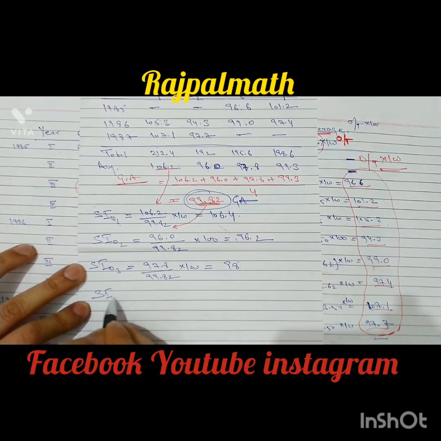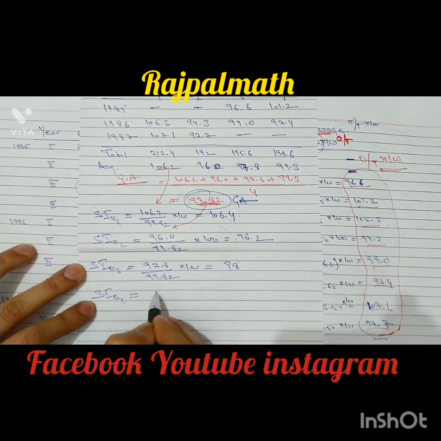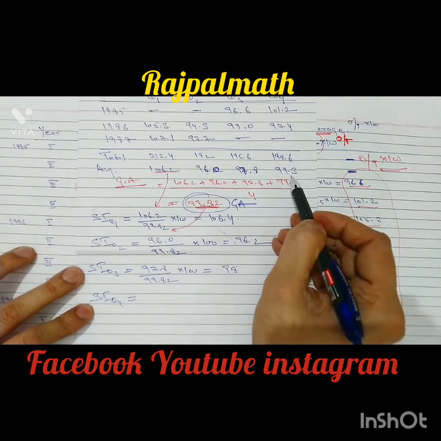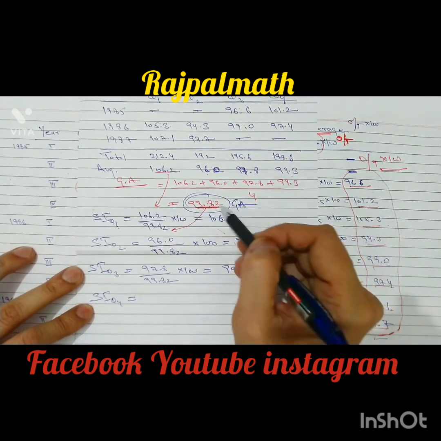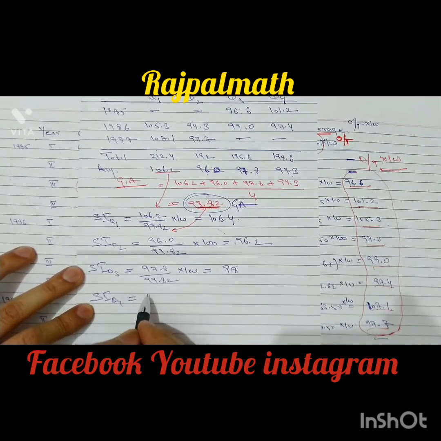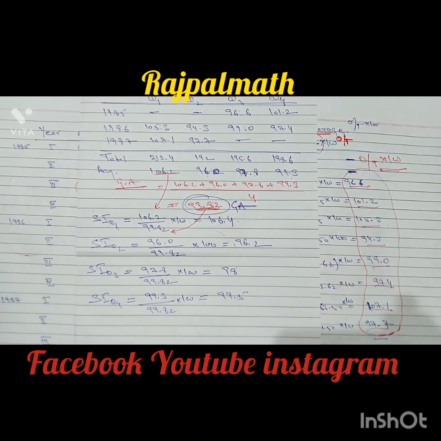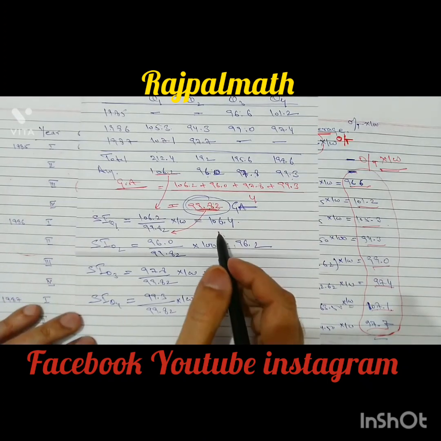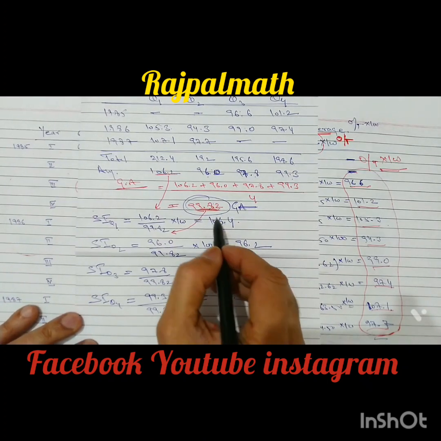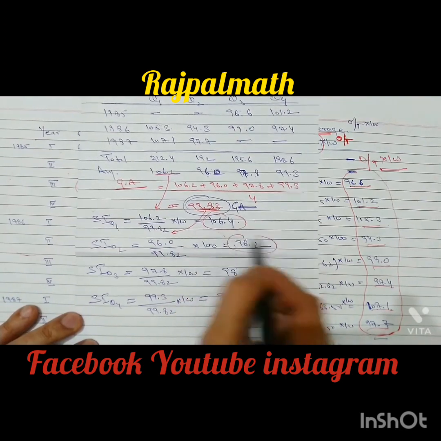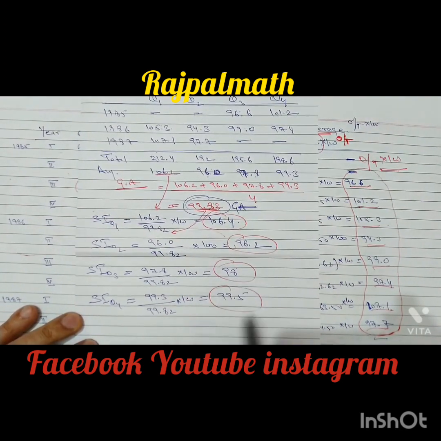And for quarter 4, the quarterly average for quarter 4 divided by the general average, 99.3 divided by 99.82 into 100, equals 99.5. These are the seasonal indices for quarter 1, quarter 2, quarter 3 and quarter 4.